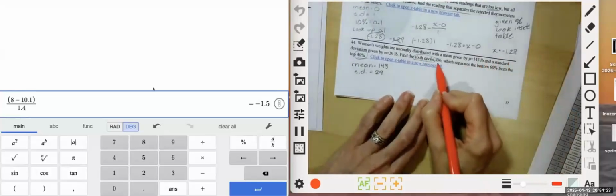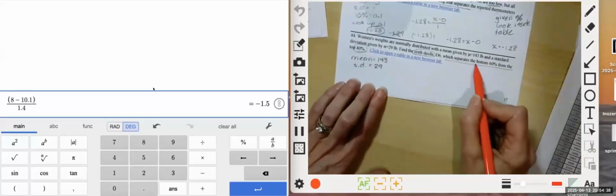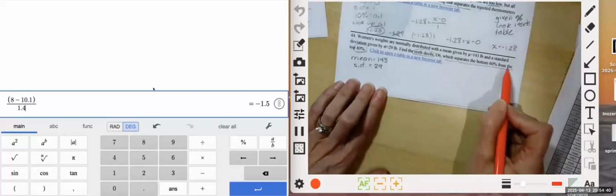So 6th decile, D6. Oh, here it tells us, which separates the bottom 60% from the top 40%.